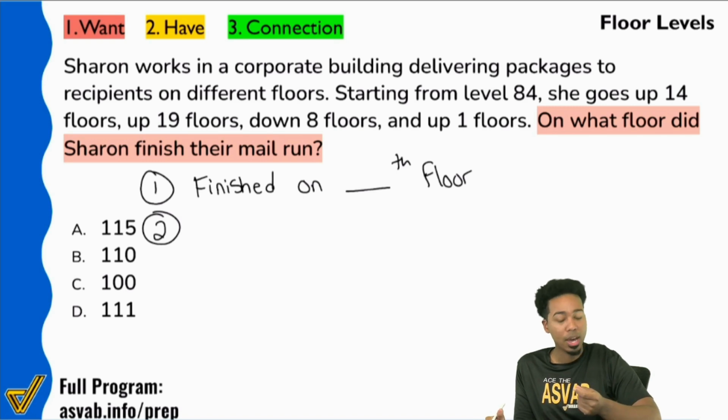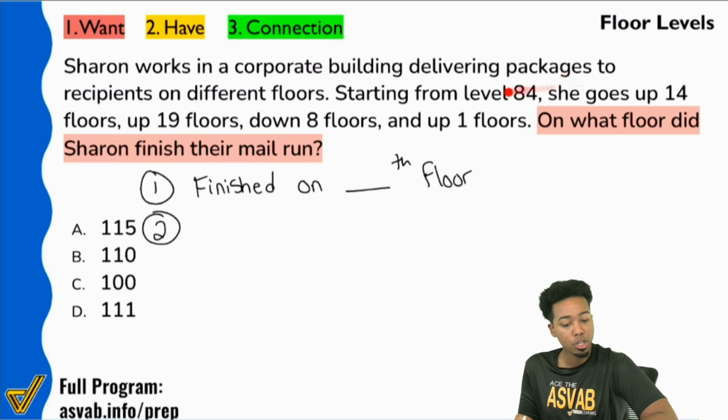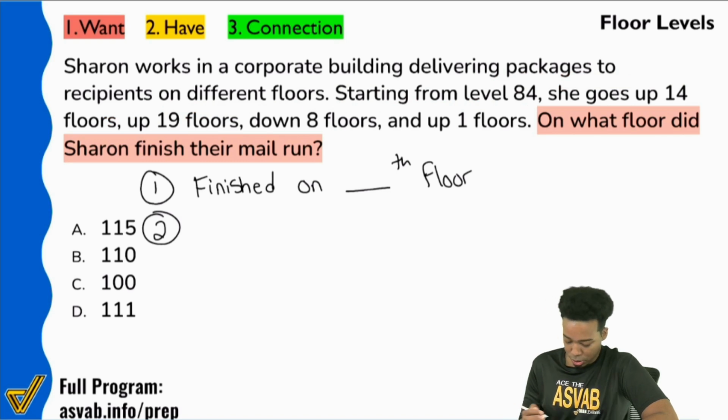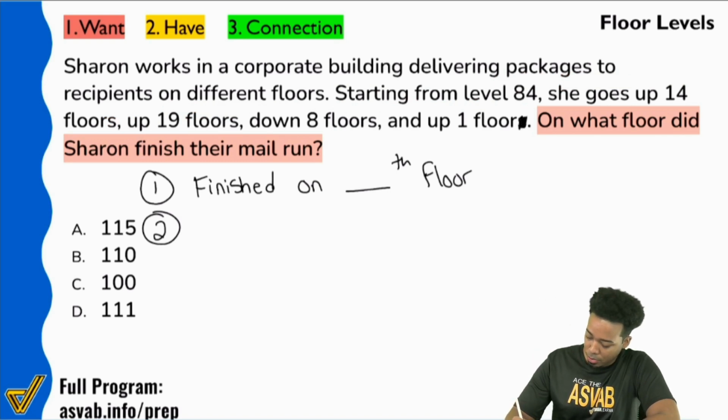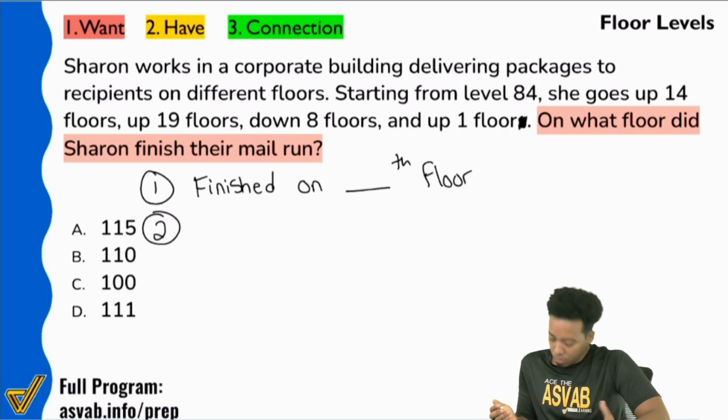What information do we now have? We see that starting from level 84, she goes up 14 floors, up 19 floors, down 8 floors, and up 1 floors. Should say floor. I'll correct that grammar in my program. But there it is. So let's write that information down.